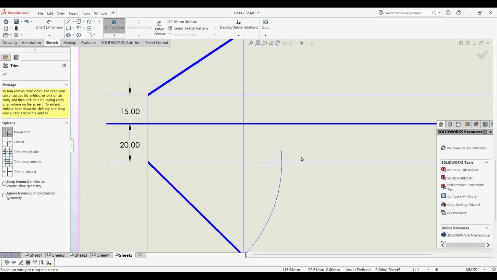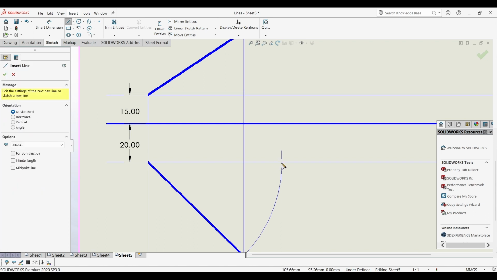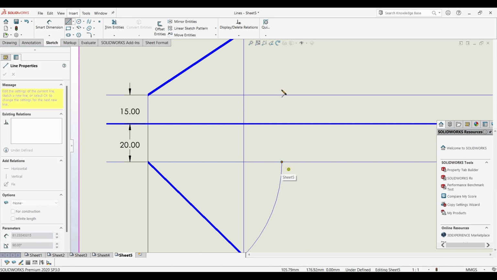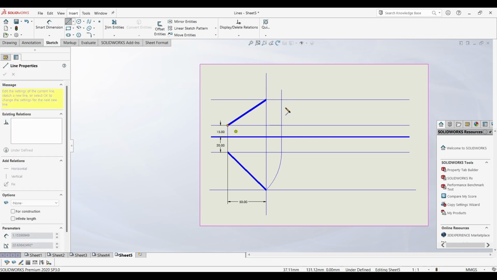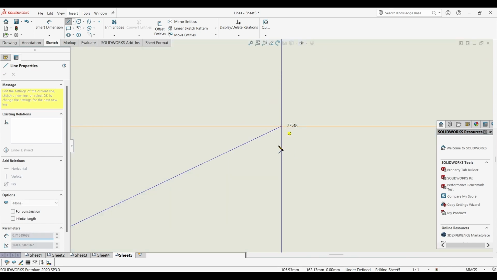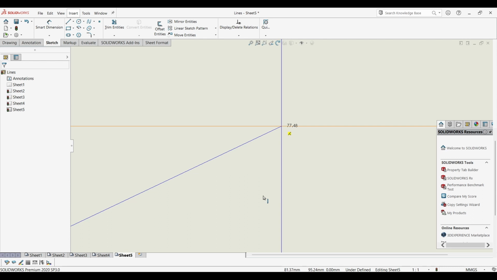So after cutting an arc there, from this point, go straight up to the locus of B, and then join these 2 points. Join them correctly. Yep, done.